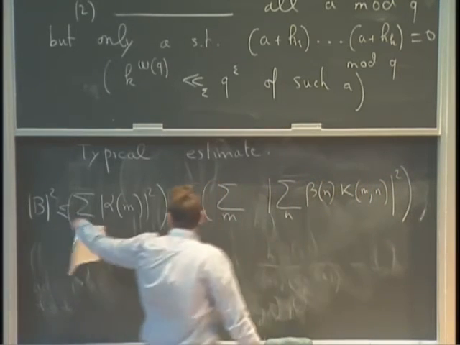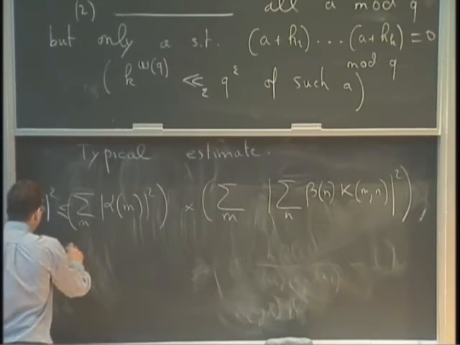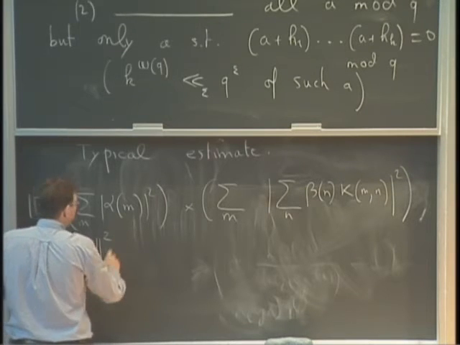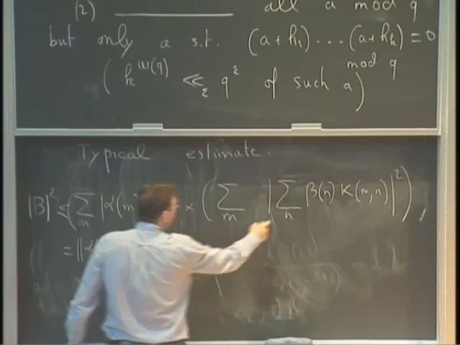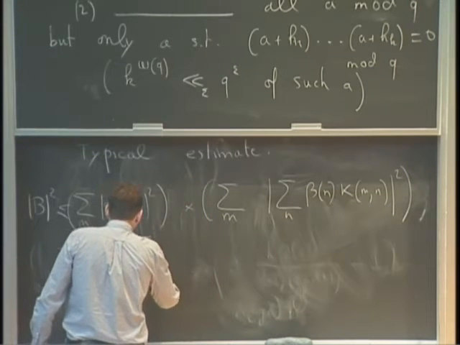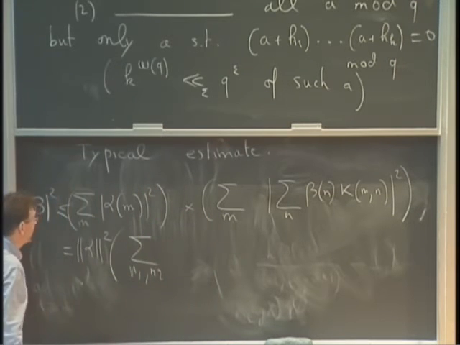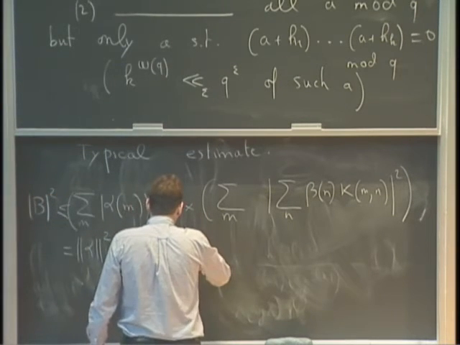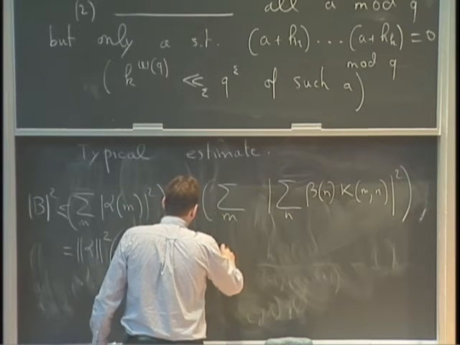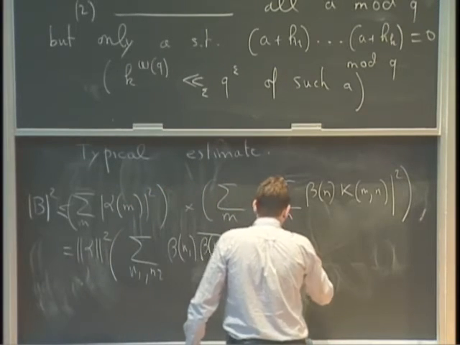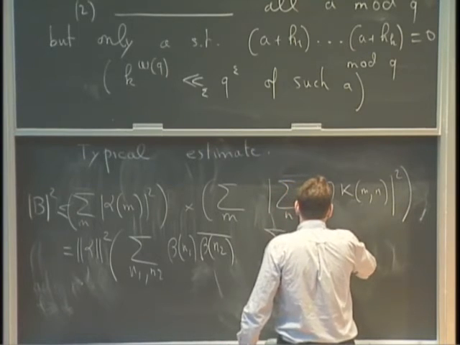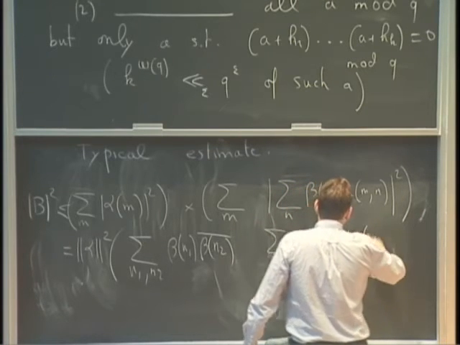Okay, so I put the square so that I don't have to put the square root. So this is the norm of alpha. And then you open the square. Now you have two sums over n1 and n2. Beta n1, beta n2 conjugate. And then the sums of kmn1, kmn2 conjugate.